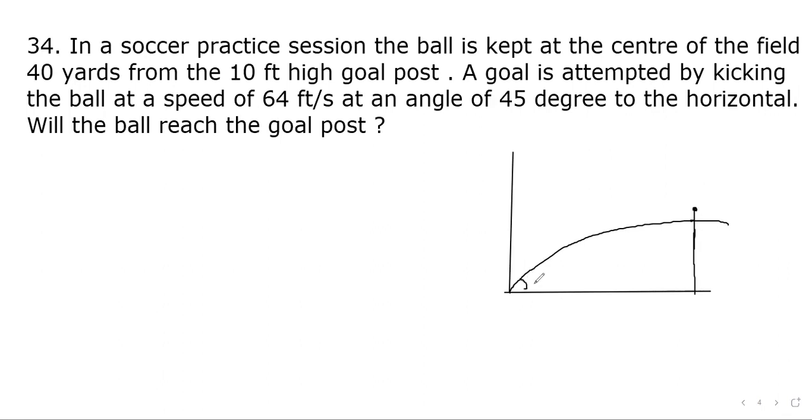This angle is given as 45 degrees. The velocity here is 64 feet per second, so u equals 64 feet per second. Take the value of small g as 32 feet per second squared.